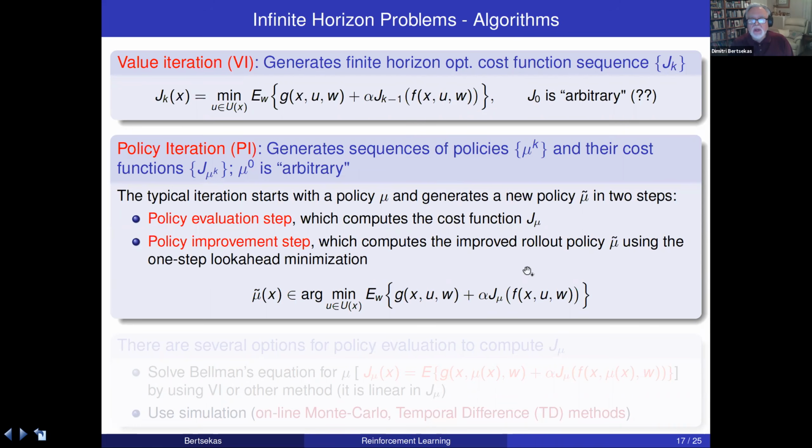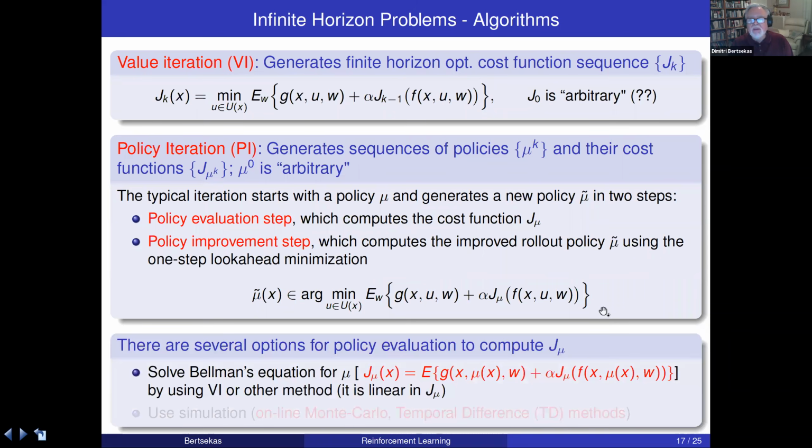Now, a major question here is, how do you compute this J mu? How do you do this policy evaluation? There are several options. First of all, this J mu satisfies a Bellman equation. Just like we have the Bellman equation for the optimal cost function, there's a Bellman equation for J mu, which is the same thing, except that instead of minimization, it plugs in the known policy, okay?